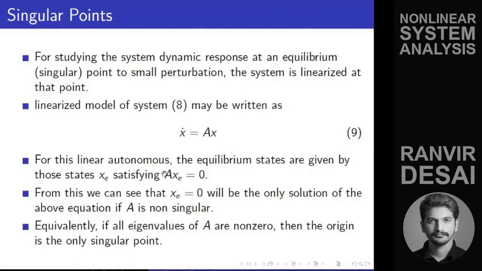Let's say A is a diagonal matrix 1, 0, 0, 0. X1 you need to take as exactly 0, but x2 you can take as anything to make it 0. So there will be multiple equilibrium points. But that means A is singular, its determinant is 0. So this statement works only when A is non-singular.